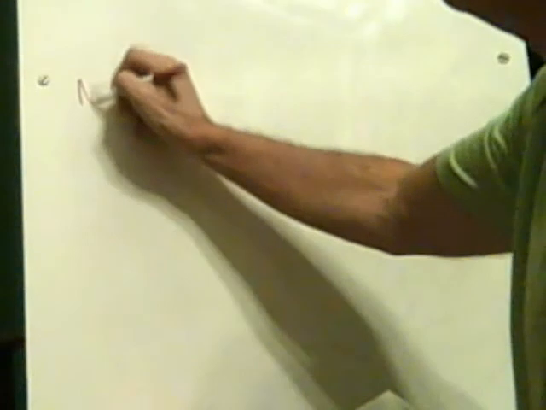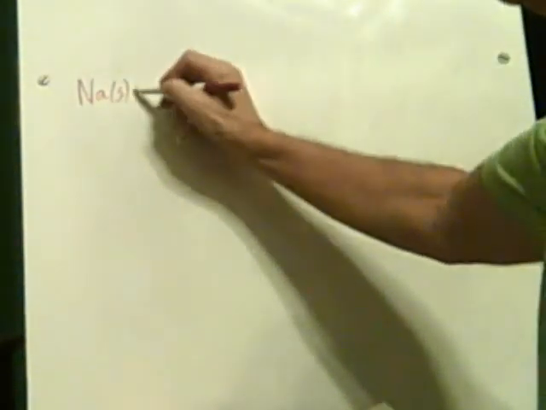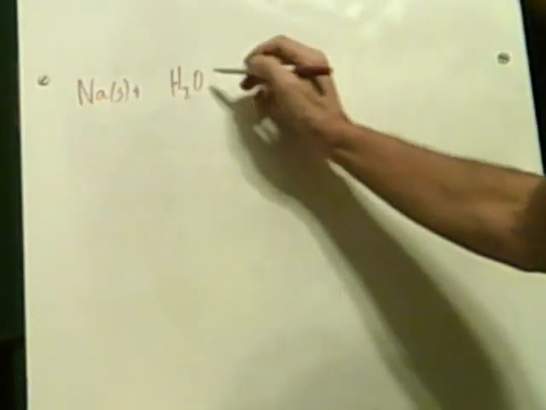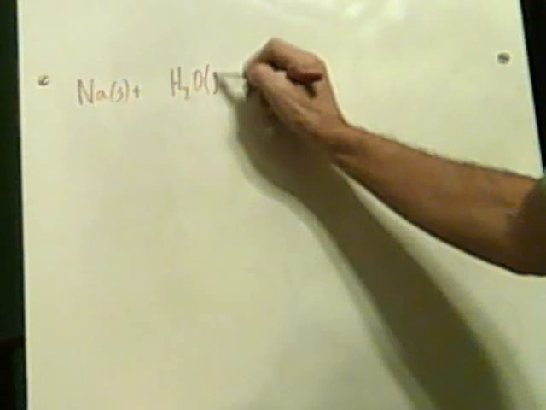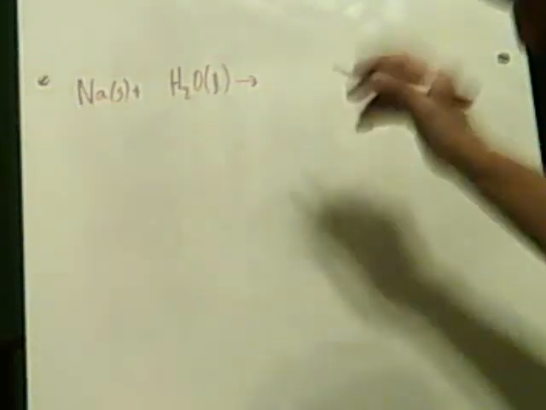Okay. Next one is sodium. Solid sodium reacting with water. Okay, this is a very colorful reaction because sodium metal, when it reacts with water, it lights on fire or practically explodes. But it burns in water. This is very unusual.